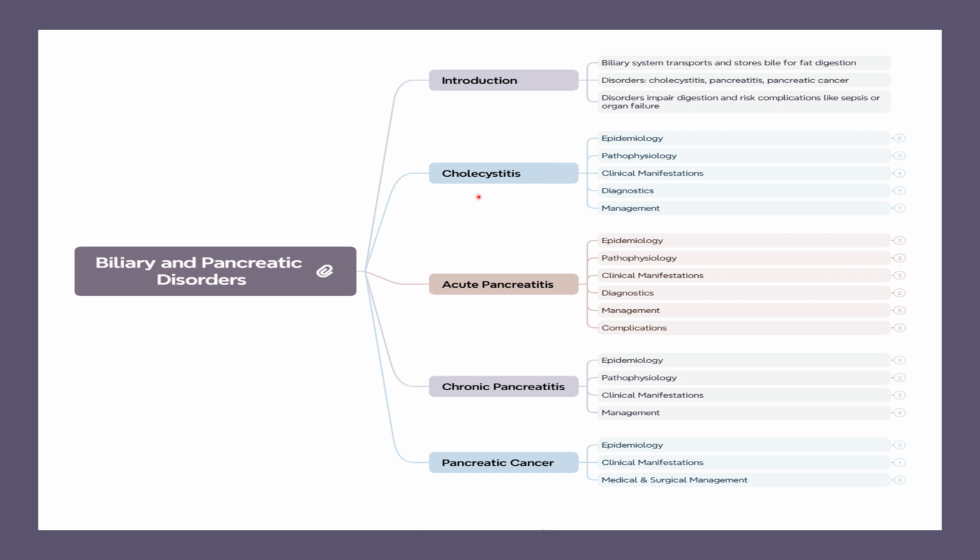So, cholecystitis with epidemiology, pathophysiology, clinical manifestation, diagnostics, management, and nursing management. Acute pancreatitis, same. We have this concept map, and a chronic pancreatitis concept map, and a pancreatic cancer concept map. So let's start.